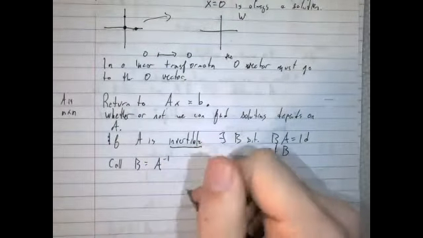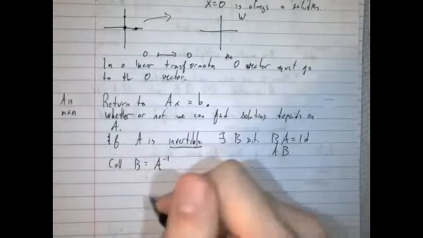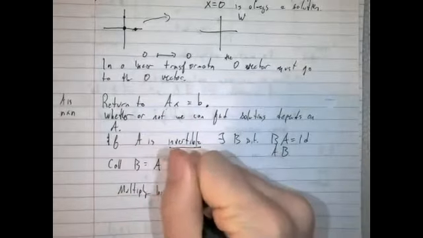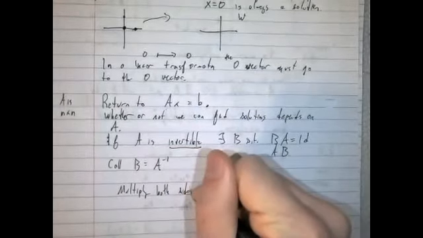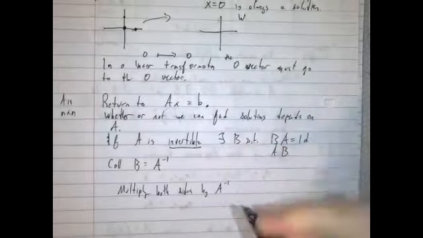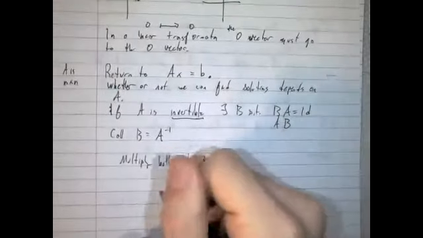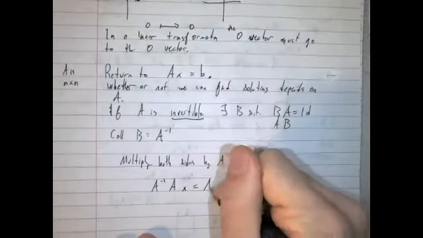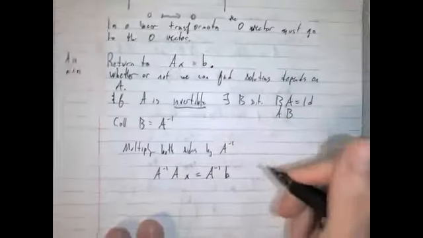So if A is invertible, I can multiply both sides by A inverse. So in particular, I would get A inverse times A times x is equal to A inverse times b.